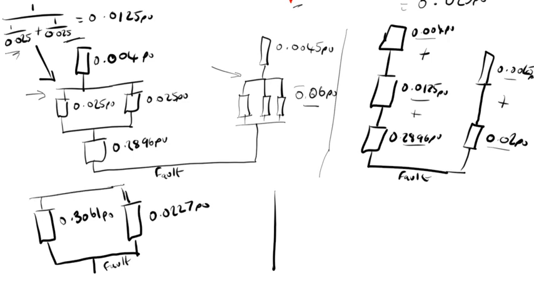And then from there you can calculate things like your fault level and your fault currents through your network to try and give you a better understanding of what's going on. So yeah, that's basically how you convert into per unit values.